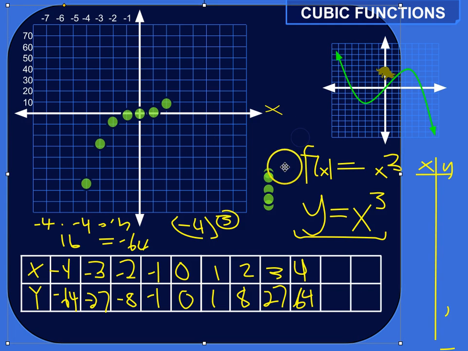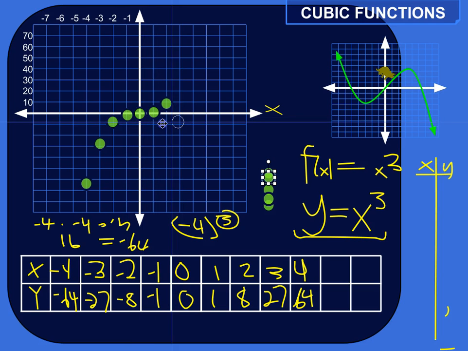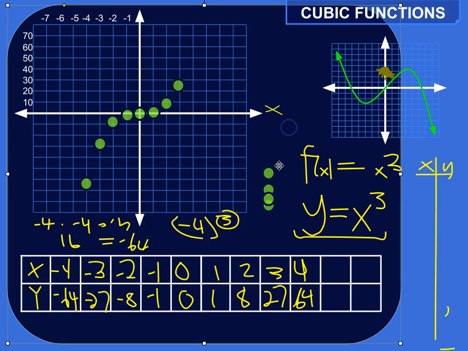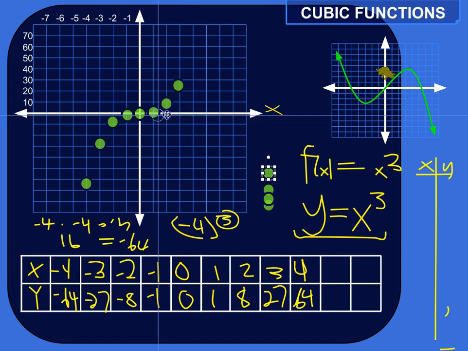It's not going to be exact, but it will give us a good idea. 3, 27, so 1, 2, 3, and then 10, 20, and some change. And 4, 64. So 1, 2, 3, 4, and then 10, 20, 30, 40, 50, 60, and a little bit more.